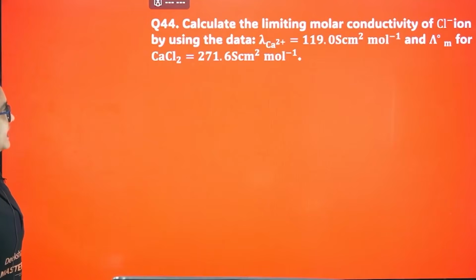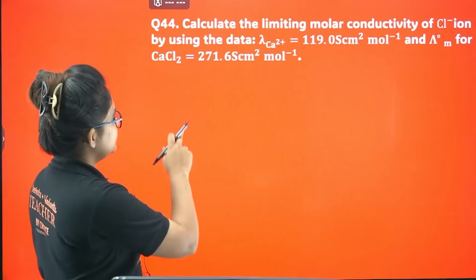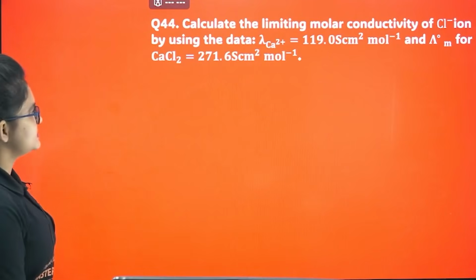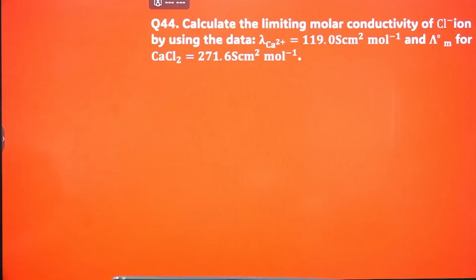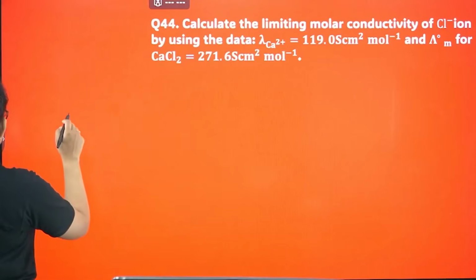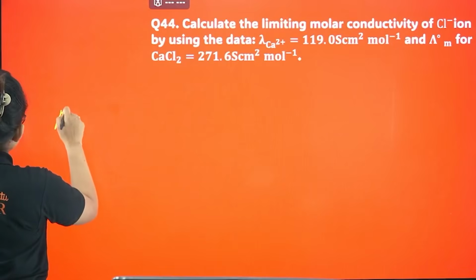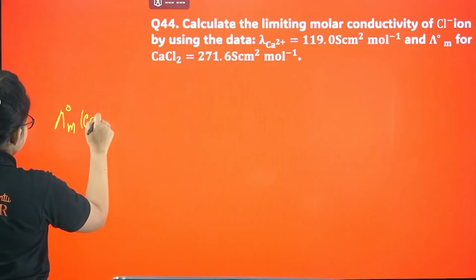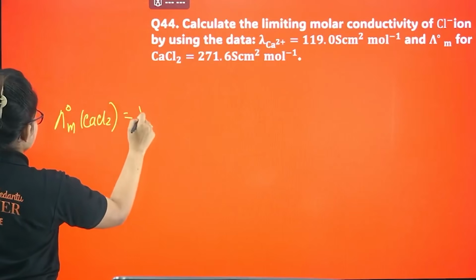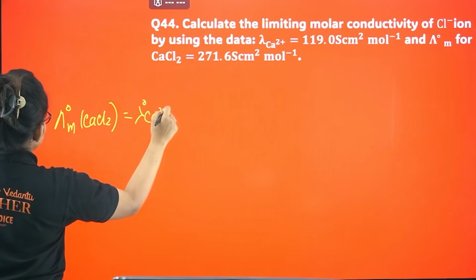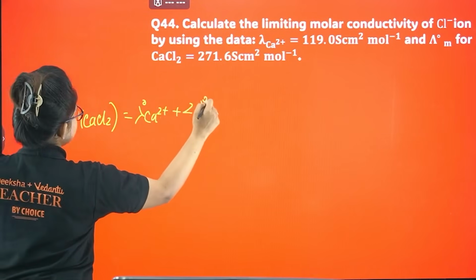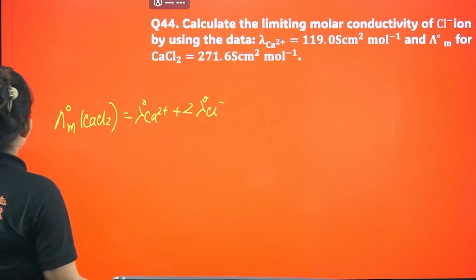Let's proceed. Calculate the limiting molar conductivity of Cl- ion by using the data lambda of Ca2+ and lambda m0 of CaCl2. Fine. So Kohlrausch law we are going to apply here. So we know lambda m0 of CaCl2 is going to be lambda 0 of Ca2+ plus 2 into lambda 0 of Cl-, right?